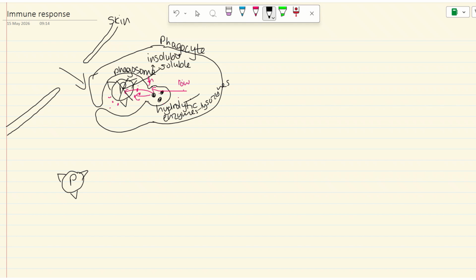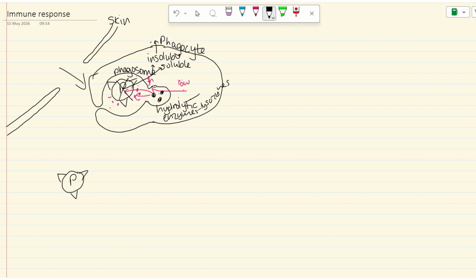Some of the soluble parts, the phagocyte might be able to use, or it gets rid of them in that way. But the insoluble parts are removed from the cell by exocytosis.